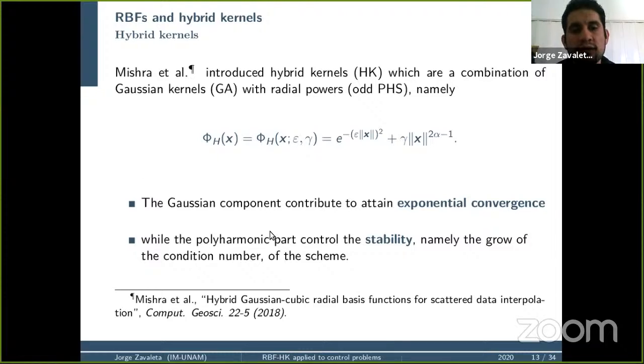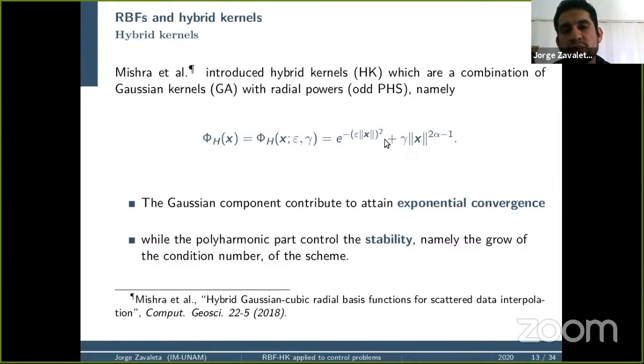So the Gaussian component is said to contribute to attaining exponential convergence, and the polyharmonic part controls the stability. It has to do with the condition number of the scheme.